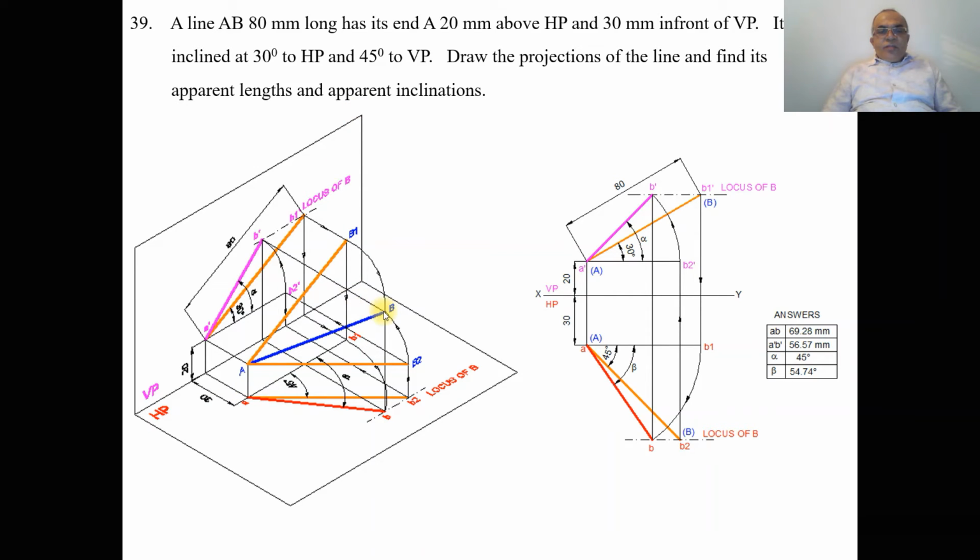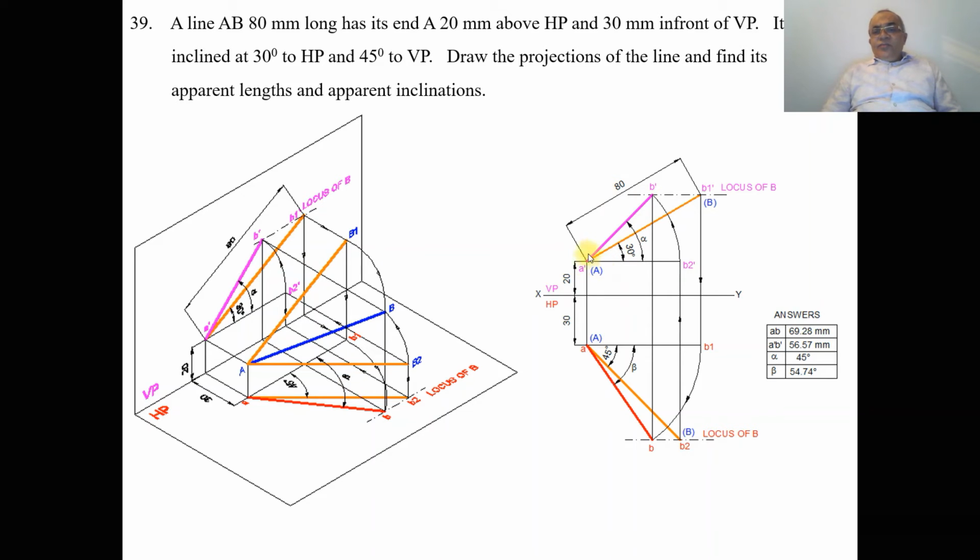When you look from the top view, B will be on the locus of B which was here, so you get this line small ab. This is the top view, and the inclination made by this top view with respect to VP is called beta.